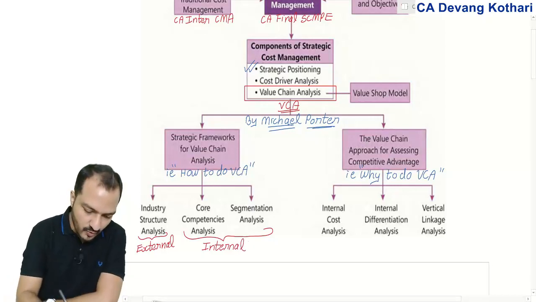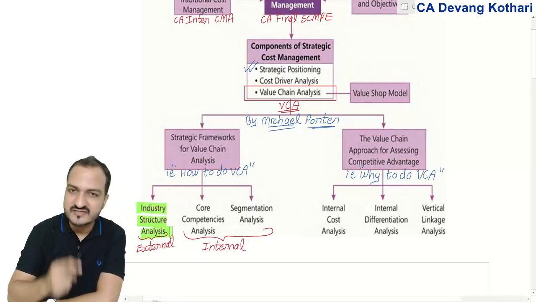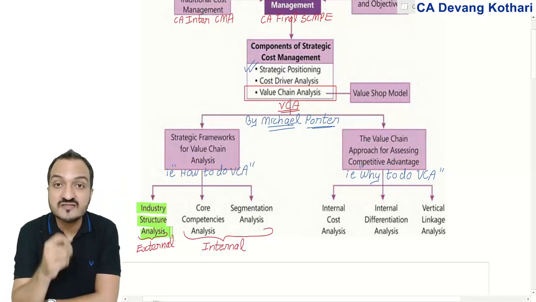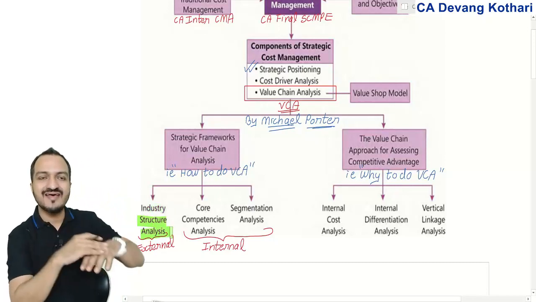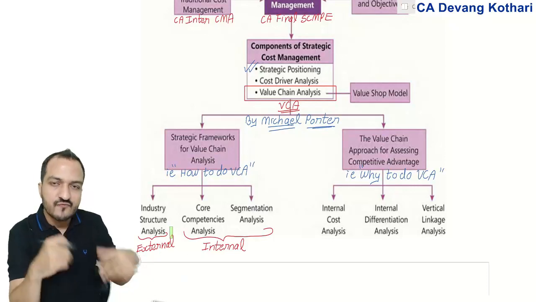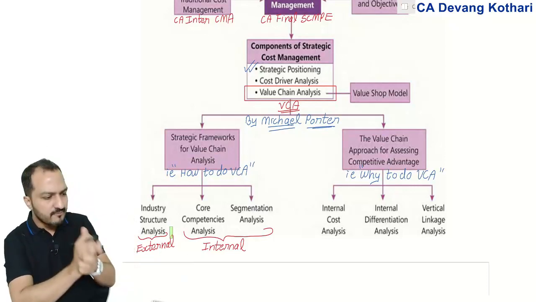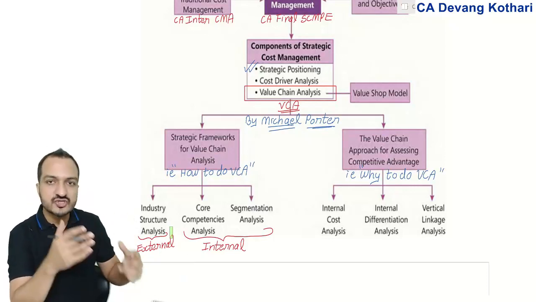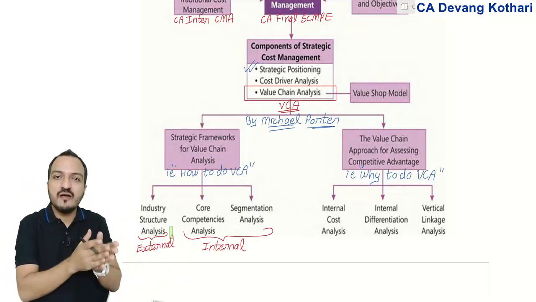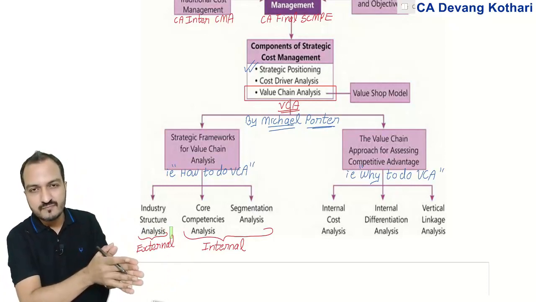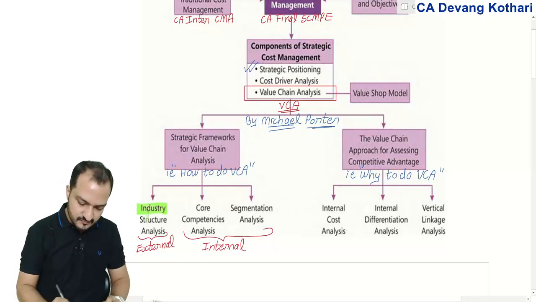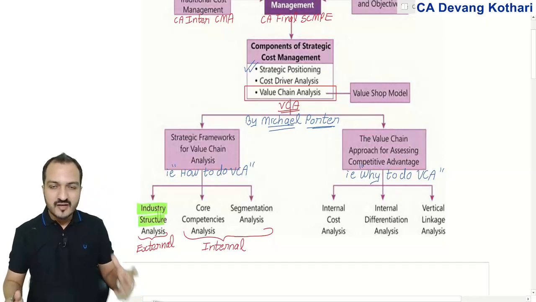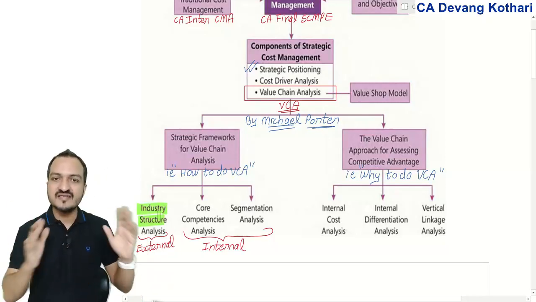So let us understand what industry structure analysis is. Industry structure analysis means to analyze the entire external industry in which I am operating, or maybe the external industry which I am planning to enter. Industry means all companies selling a similar product.